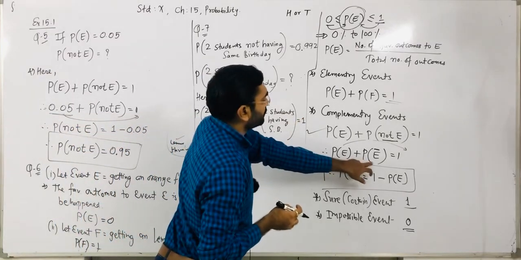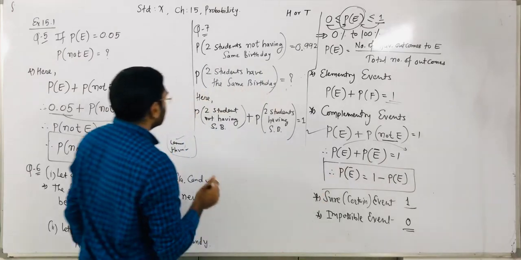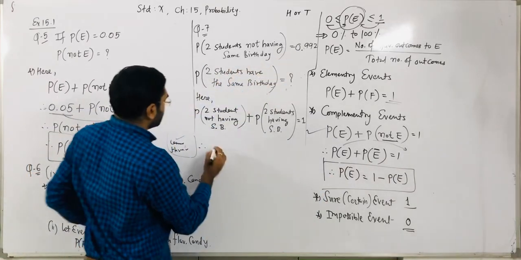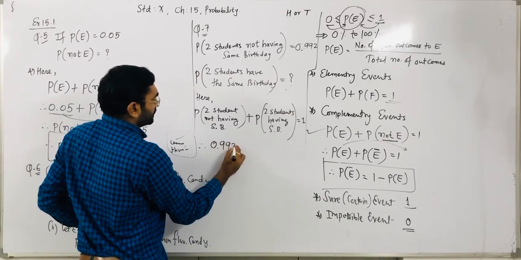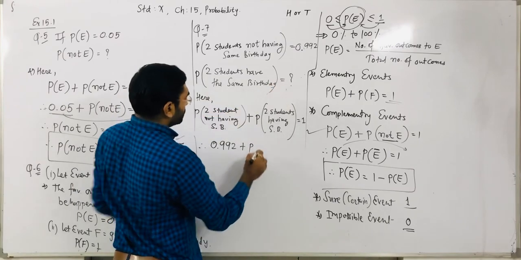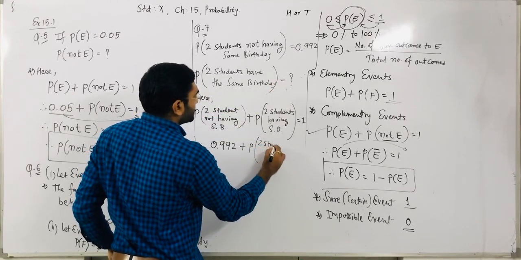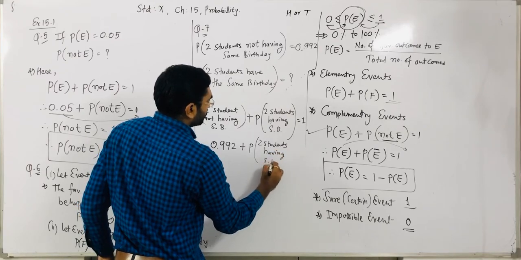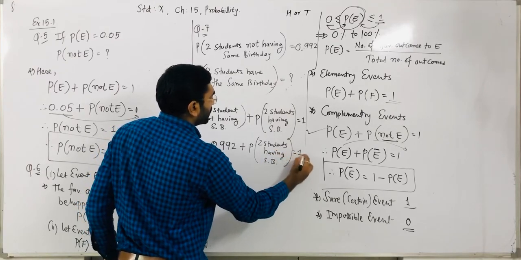Because P of E plus P of E bar is equal to 1. Now in the question, the not-same-birthday probability is given as 0.992, plus the thing we have to find out, the probability of 2 students having the same birthday, is equal to 1.